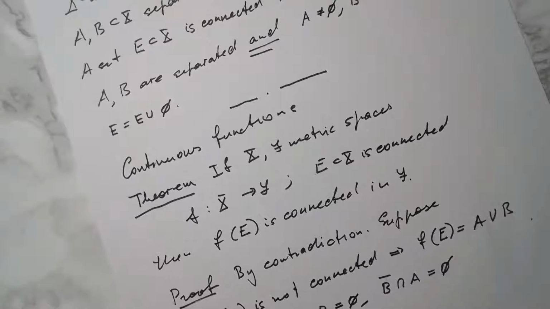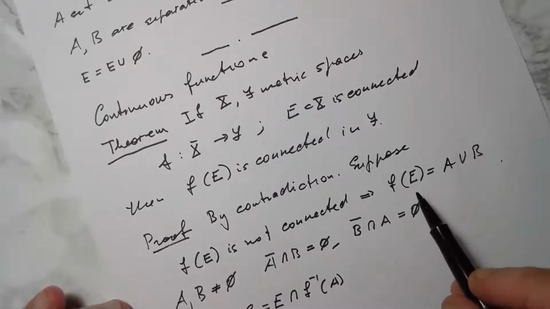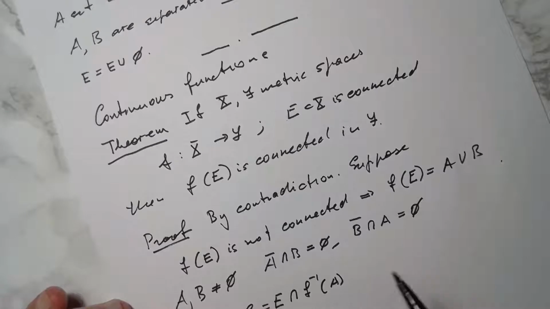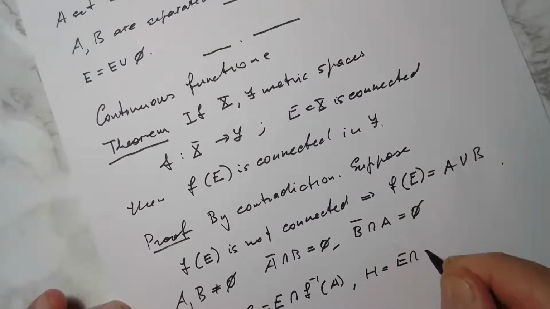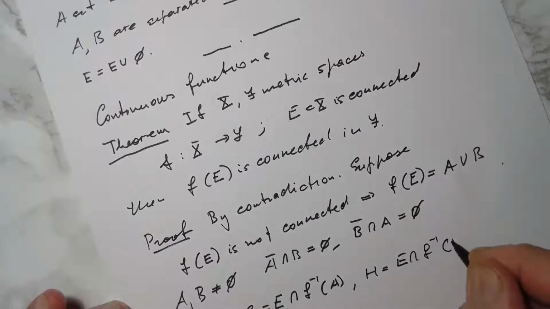So he's saying let G now be equal to E intersected with f minus 1 of A. This is an inverse image of A, and I'm taking only those elements of X which are in E. And likewise, H is equal to E intersected with f minus 1 of B.